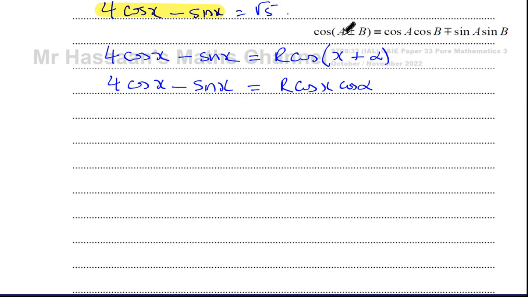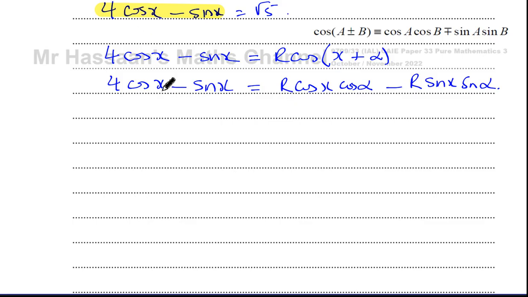It's like my x is the A and the alpha is the B. So R cosine (x plus alpha) gives R cosine x times cosine alpha, cosine A cosine B, and the R is just multiplying the whole thing. And when there's a plus here, then there's a minus there, so I'll have R times sine x times sine alpha. The x is like the A and the alpha is like the B.